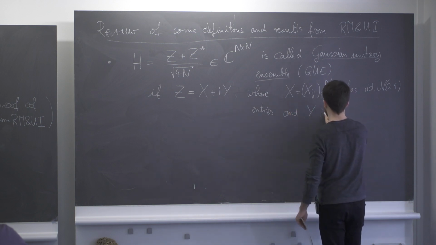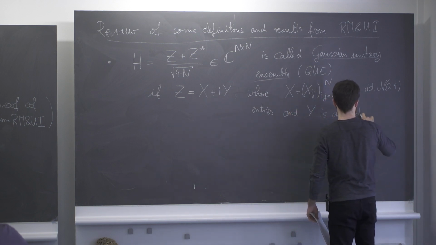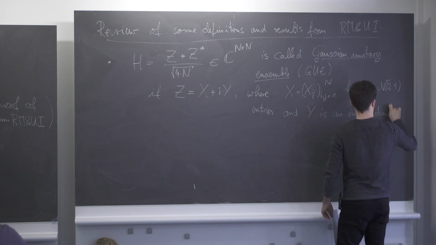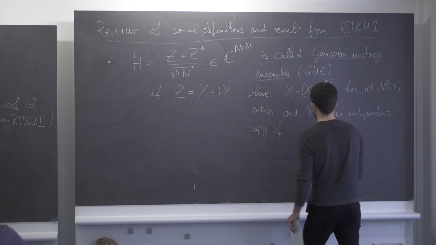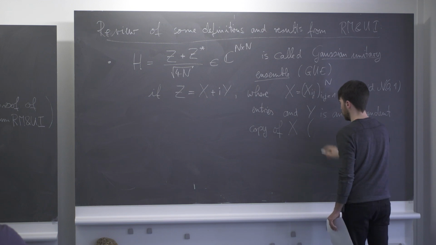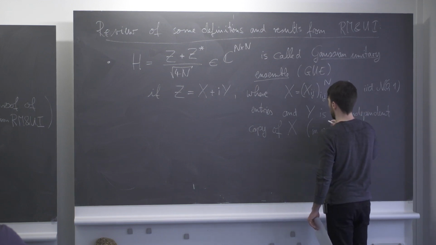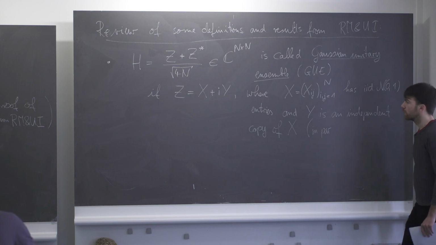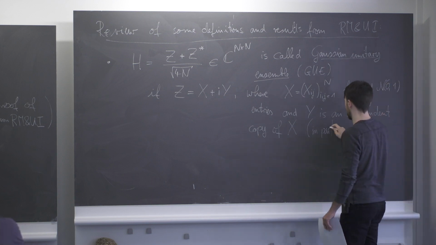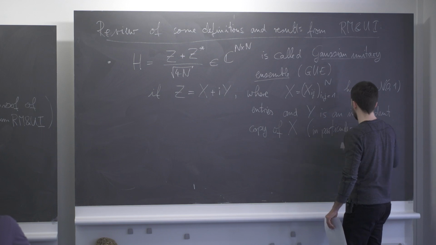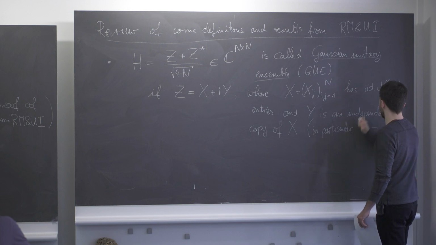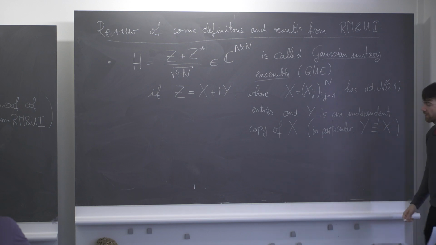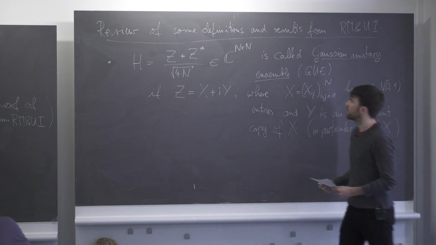And Y is an independent copy of X. So in particular for Y we have the same assumption that each entry is an IID standard Gaussian. In particular, Y is in distribution the same as X.